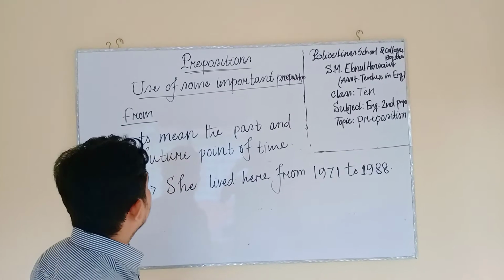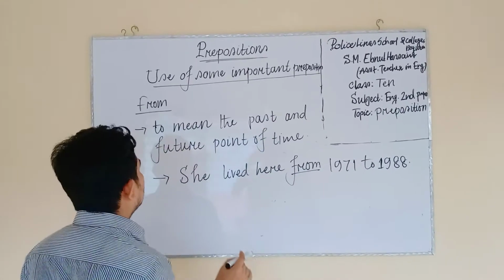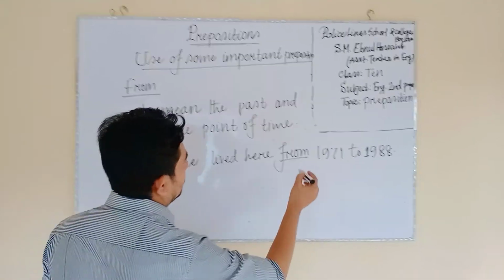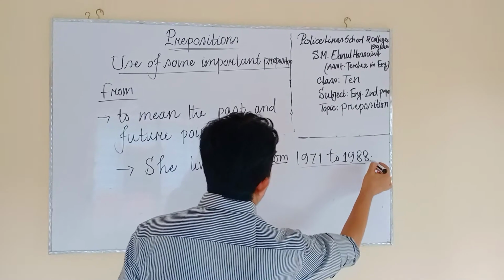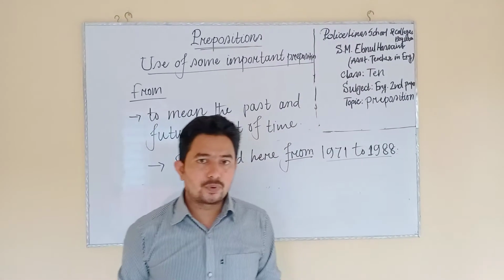So we can see that here from is used to mean the past and future point of time. So these are some important prepositions.